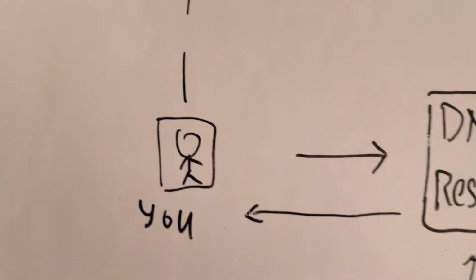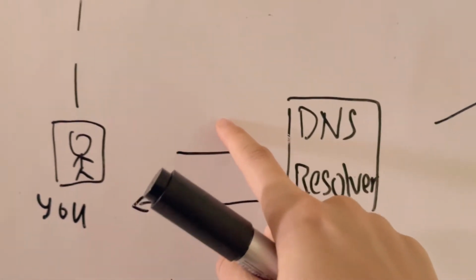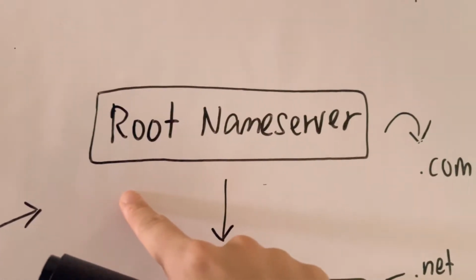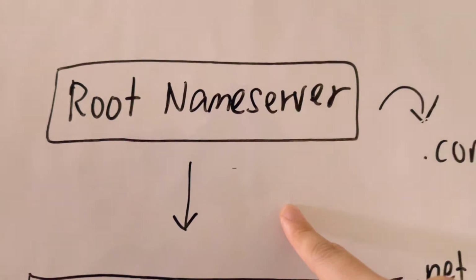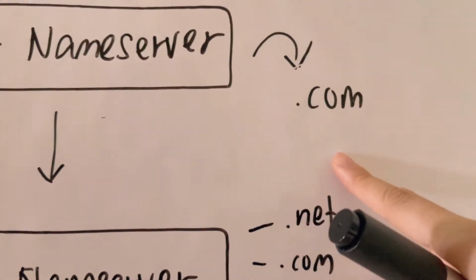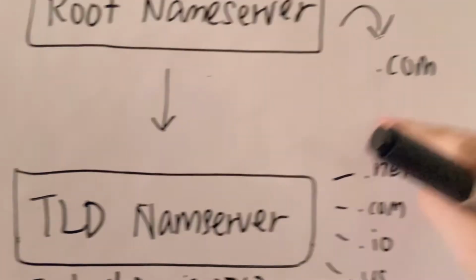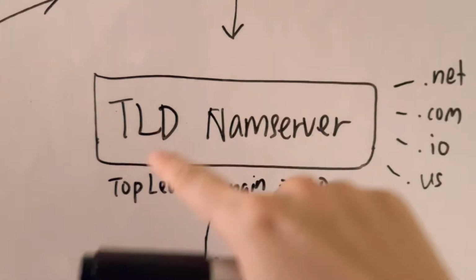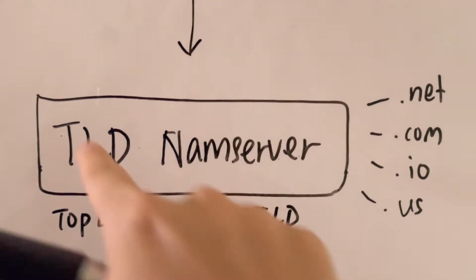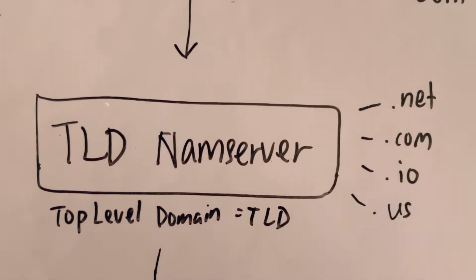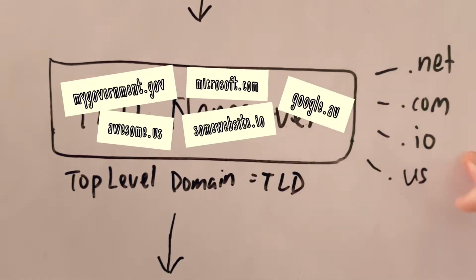No. So your request will be forwarded to the DNS resolver, which will redirect you to the root name server in order to get the root of your URL, which is the .com from Amazon.com. Then you will use this information and go to the top level domain, TLD, which is the server that contains all of the URLs that include .net, .com, .io, .us.